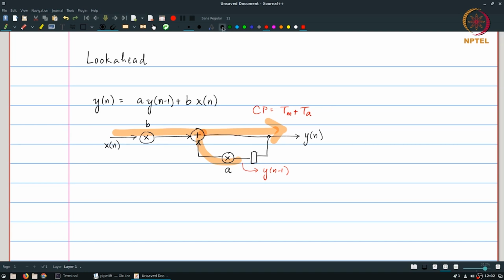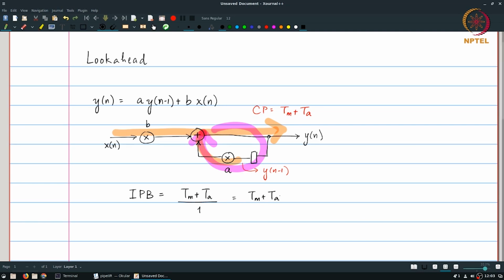But in addition to that, the important thing that we need to keep in mind is what is the iteration period bound of this system. That's determined by this loop that we have over here. And the value of the iteration period bound basically turns out to be Tm plus Ta divided by 1, because there is only one delay element on that loop, which is equal to Tm plus Ta.